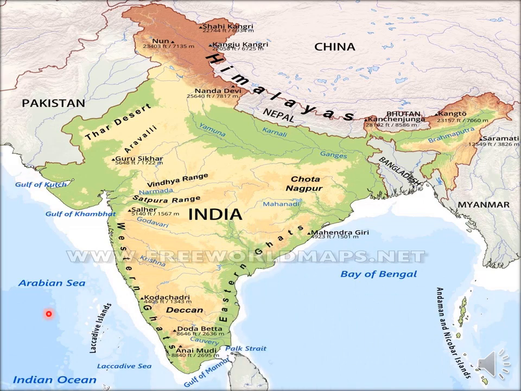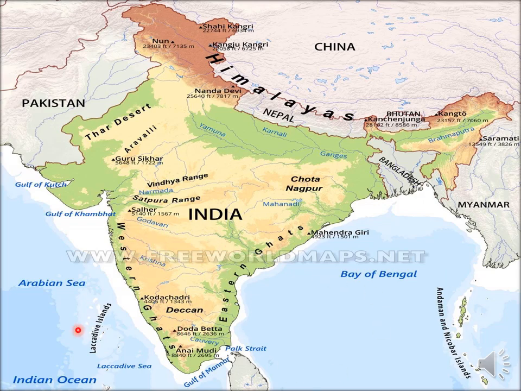Here is again a picture for your reference. The important physical features of India are here. You can see here is the Palk Strait, here is the Gulf of Mannar, and this is the Gulf of Khambhat, Gulf of Kutch or Rann of Kutch, Thar Desert, Aravalli Mountains, Vindhya Range, Satpura Range, Chota Nagpur Plateau, and here this is the Deccan Plateau.